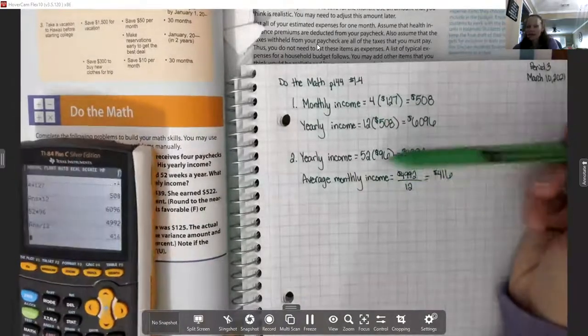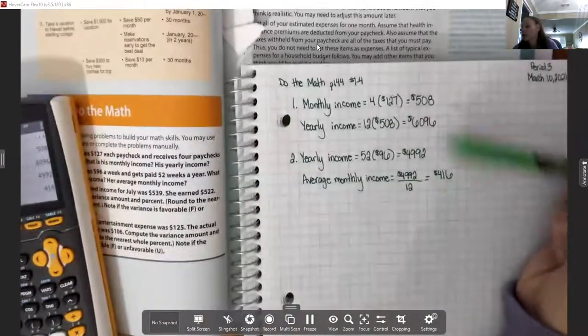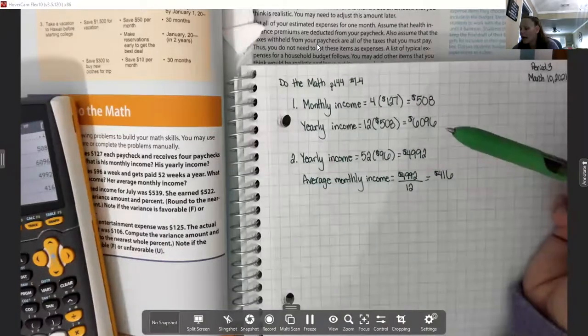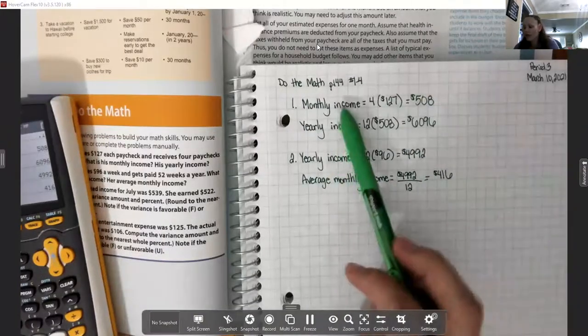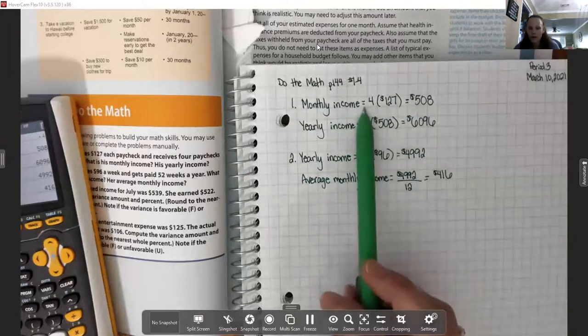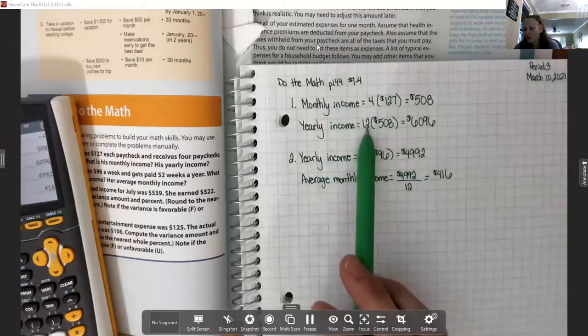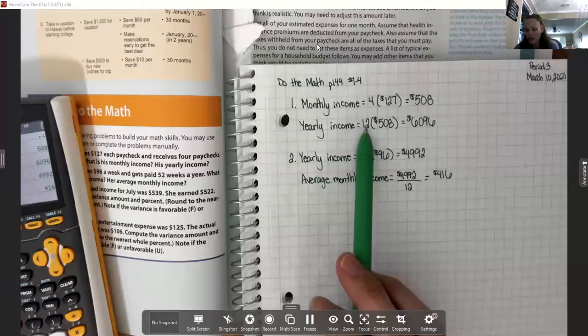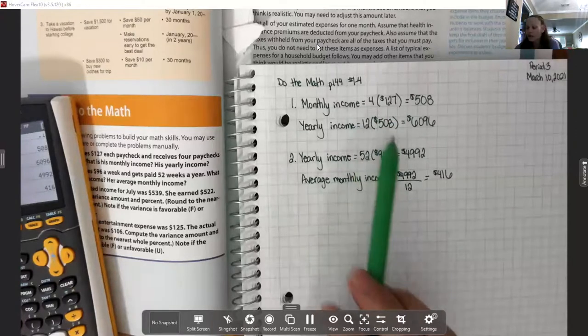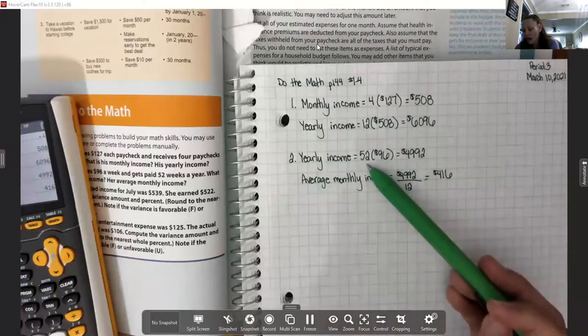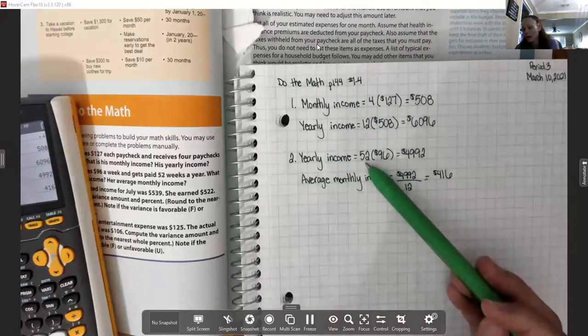So here's the difference between 1 and 2. Yes, their dollar amounts are different, but on number 1, it said he gets 4 paychecks every month. And then there's 12 months. This would be a total of 48 paychecks. Here she gets 52 paychecks because she gets paid every week.